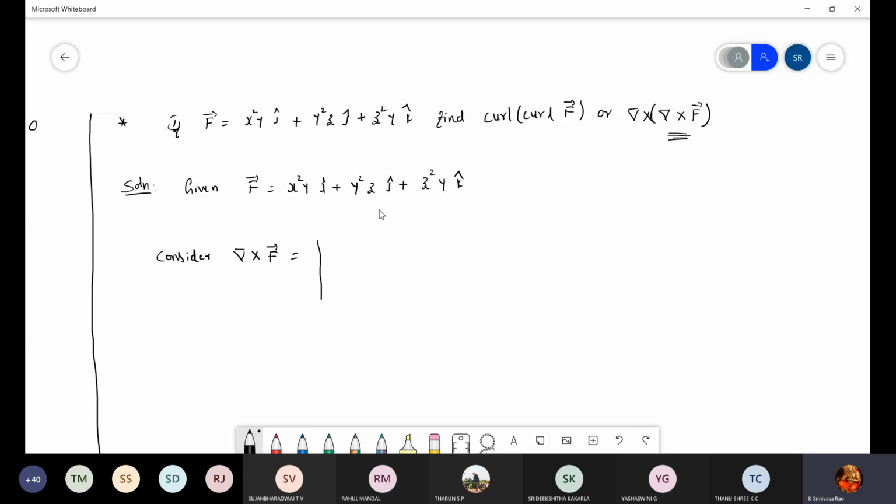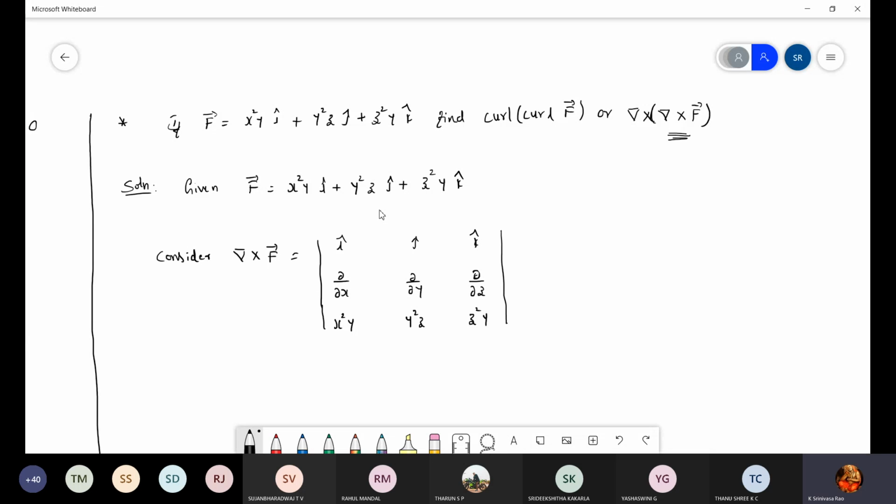Del cross f equals determinant i j k, dou by dou x, dou by dou y, dou by dou z, and x square y, y square z, z square y.